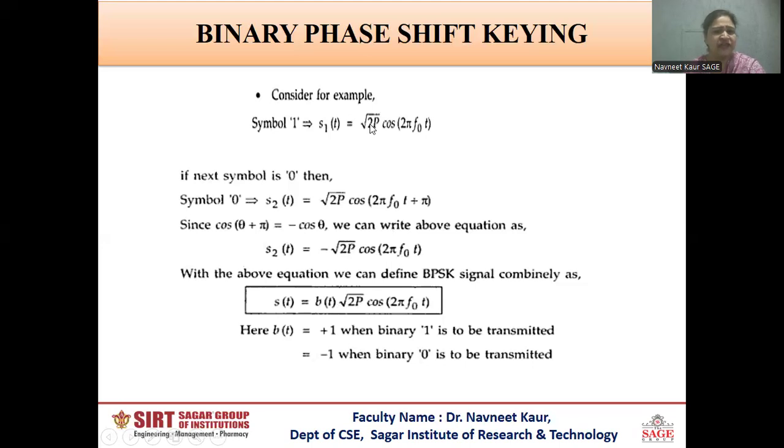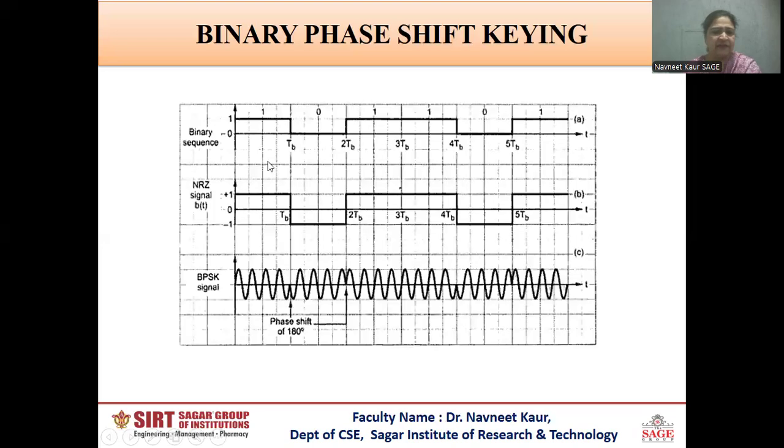So, in general form, if I want to represent the equation of the binary phase shift keying signal, I can write it as S(t) is equal to b(t) root 2P cos 2 pi f naught t. Now, what is b(t)? b(t) is the bipolar signal which I had represented here. We know b(t) is 1 when the message is 1, and when the message is 0, b(t) is minus 1.